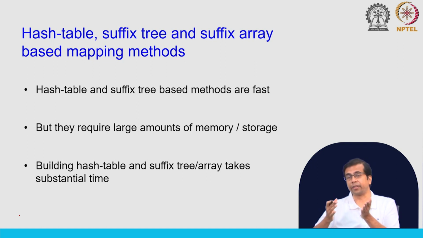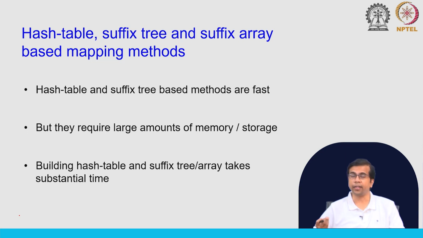Similarly, building the suffix tree structure also takes quite a bit of time. In the case of a suffix tree or array, once you generate the data structure you can store it and do not have to build it again and again, whereas for a hash table, if you change the seed size, the k length, you will have to rebuild the hash table.